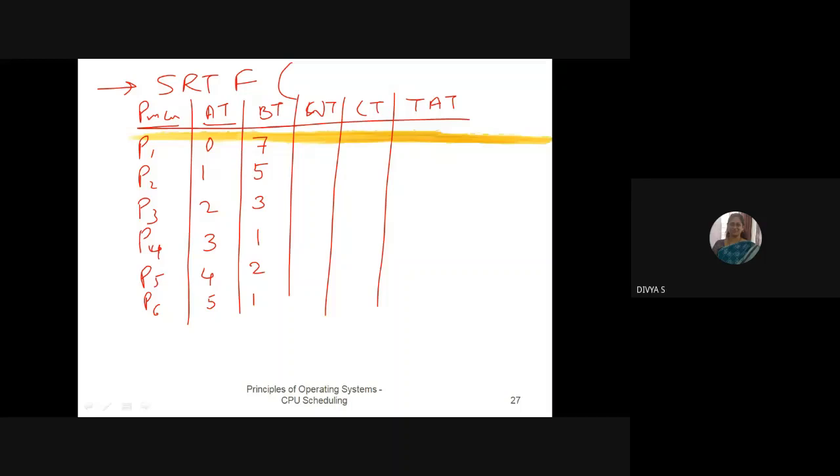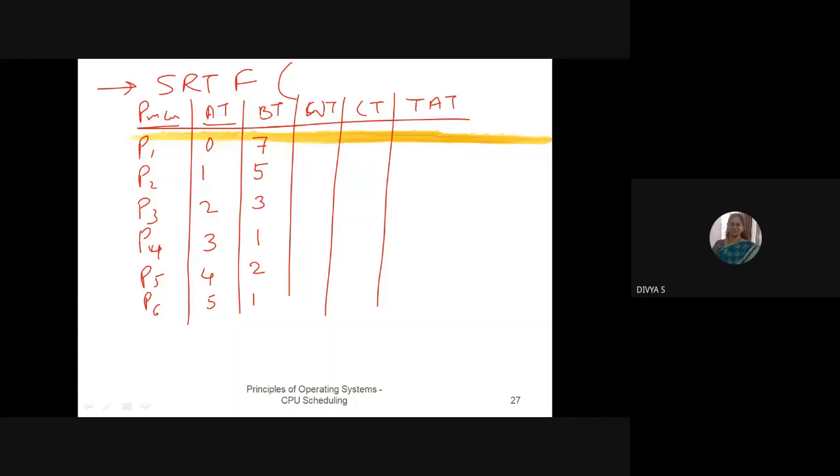Sometimes in the questions you may be given a list of processes, arrival times and burst times, and asked to find out the waiting time, turnaround time, their totals and their averages. If this is the case, you have to solve by using the non-preemptive approach. Otherwise, if the question asks you to solve it with the preemptive approach, then you follow the second approach.